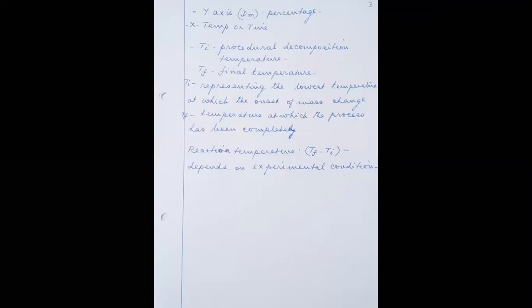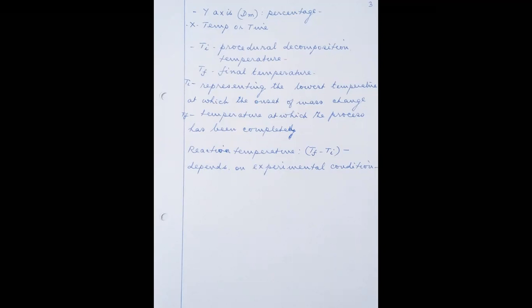So, the atmosphere in which the substance is heated: you may ask, sir, actually we are going to record only the mass change with the temperature or time. Then how does this atmosphere affect the thermogram? You may ask this question.